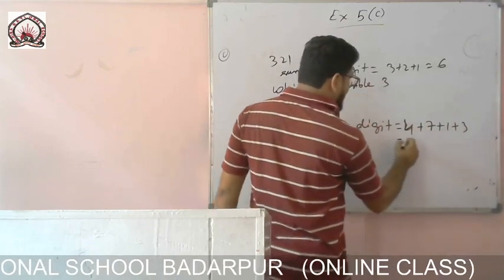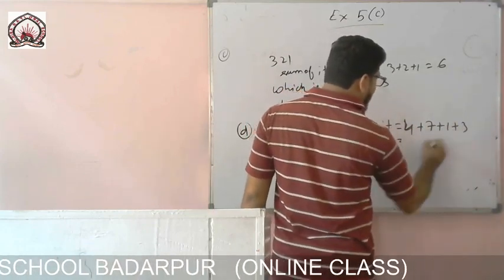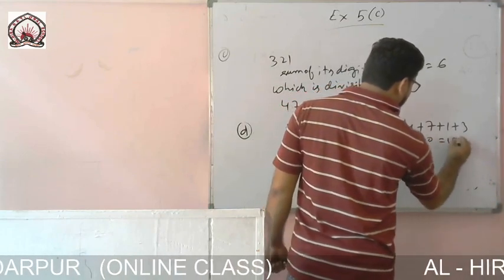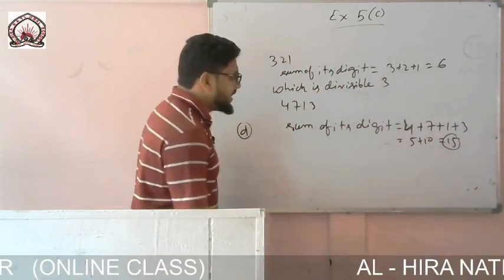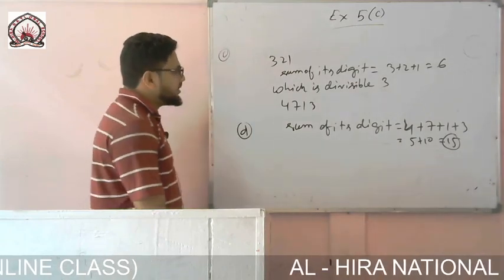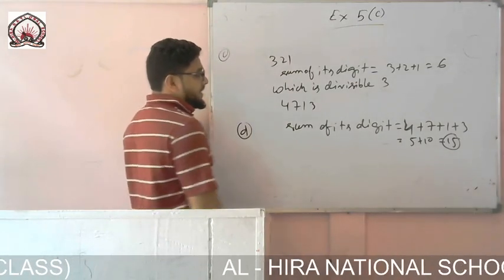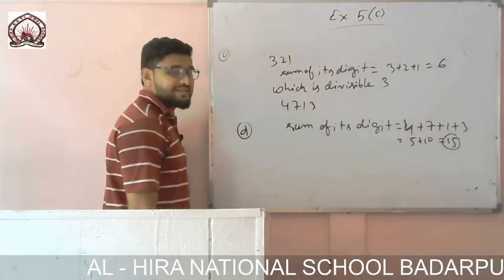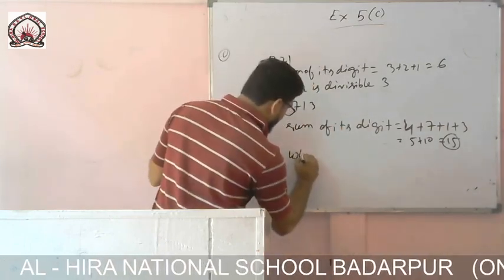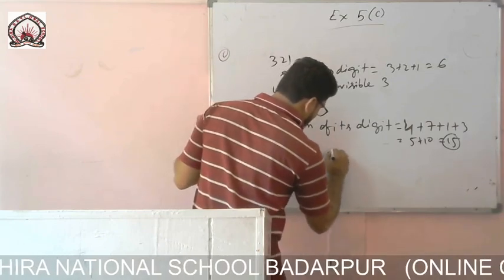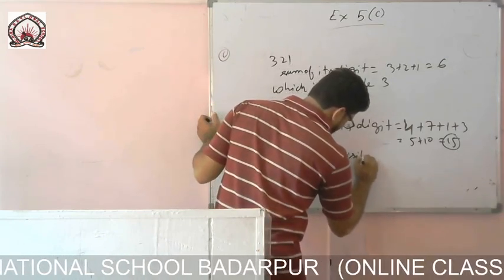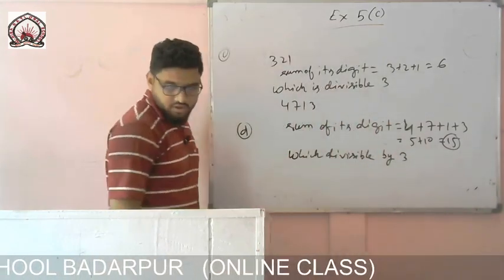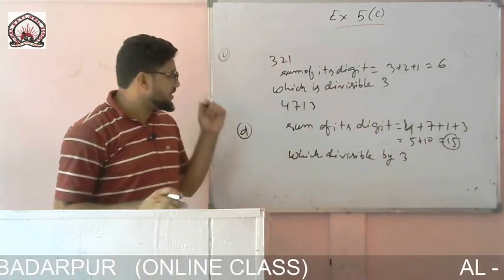So 4 plus 1 is 5, 7 plus 3 is 10, 5 plus 10 is 15. Which is again divisible by 3. So last one, 2640, you practice at your home.